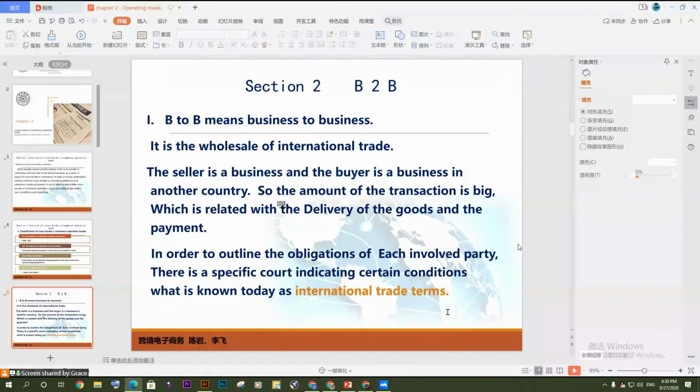Guys who come from the major of international economy and trade have learned what the international trade terms are. But maybe some of you are not in this major and maybe you don't know what that is.